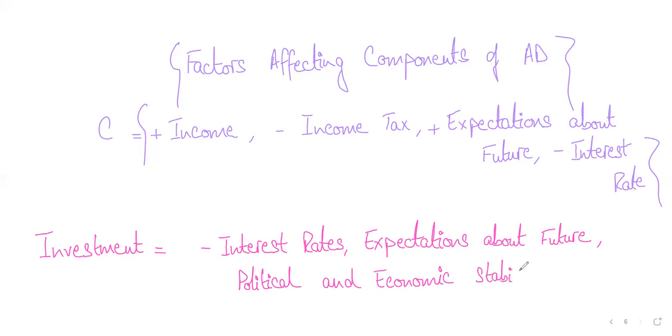So if it's stable, then they're more likely to invest in your country overall, because they are sure that their investment won't be lost and things like that. But if the economy is not doing that great, and there's political instability, then obviously foreign investment will not come. Okay, then moving on to government spending.